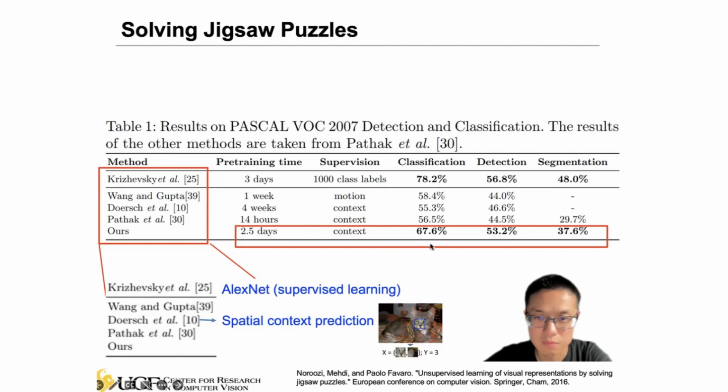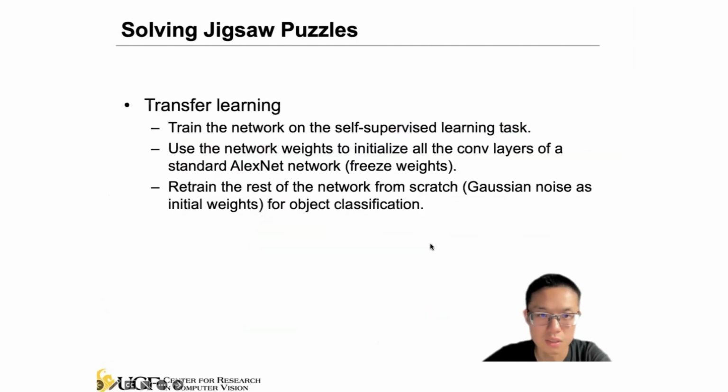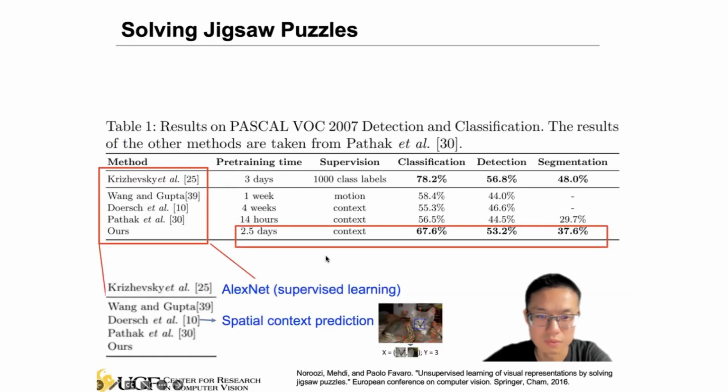And this is their proposed method, which uses this puzzle to predict the permutation. Based on the result, it's not far behind the supervised approach. If you just look at the classification, there's about a 10% gap compared to the fully supervised training, which is not bad, because we are not using any of the label information during the pre-training.